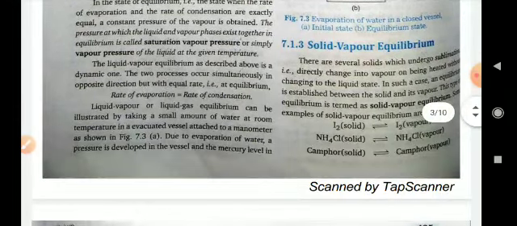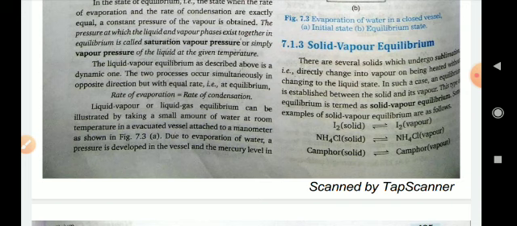Now, solid-vapor equilibrium. There are several solids which undergo sublimation, that is, they change directly into vapor on being heated, without changing into the liquid state. Some solids can go from solid to vapor directly without going through the liquid state, and this process is known as sublimation.